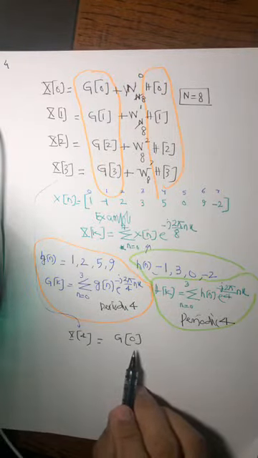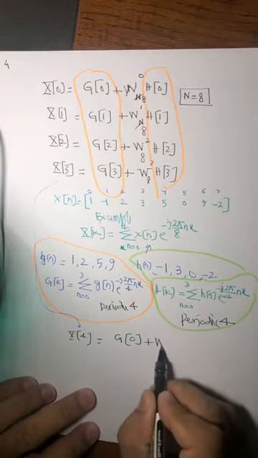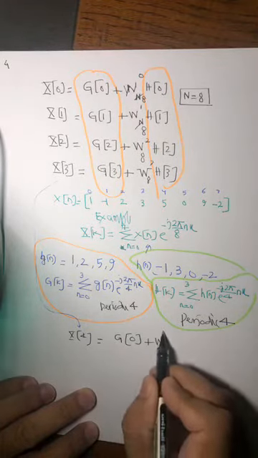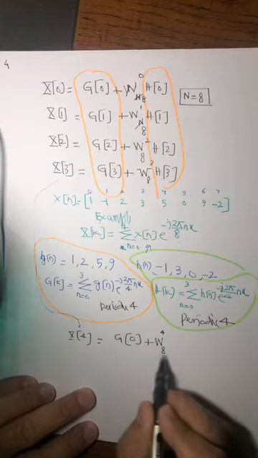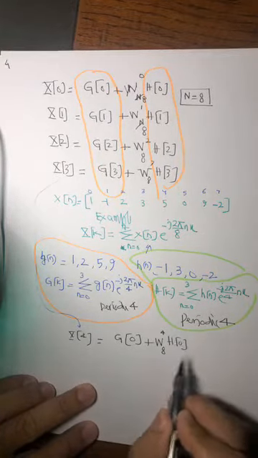You are not recalculating it, so this results in saving. But still you need to compute this factor, W8^4, and then you have H of 0 instead of H of 4.